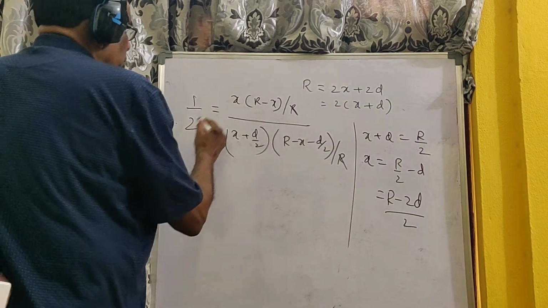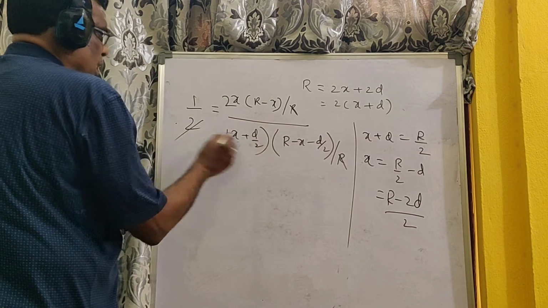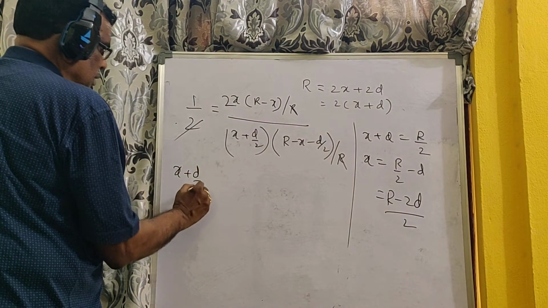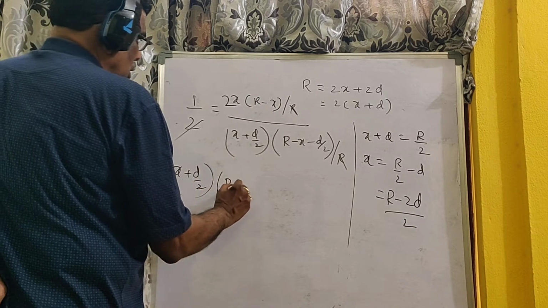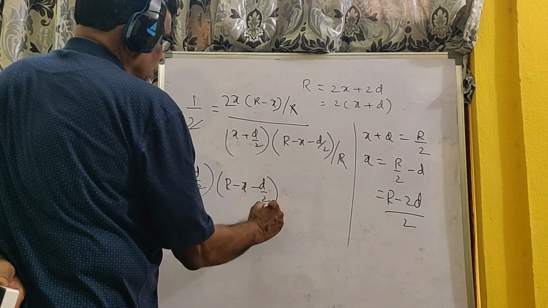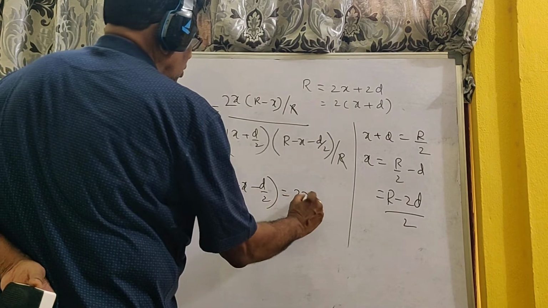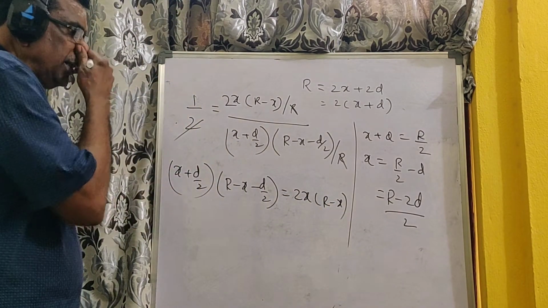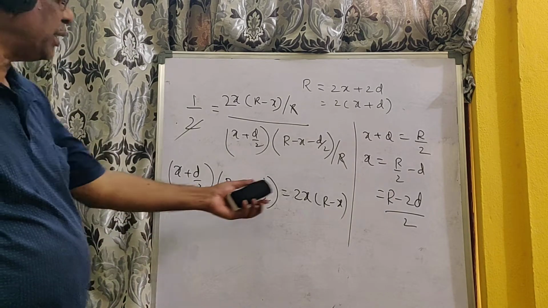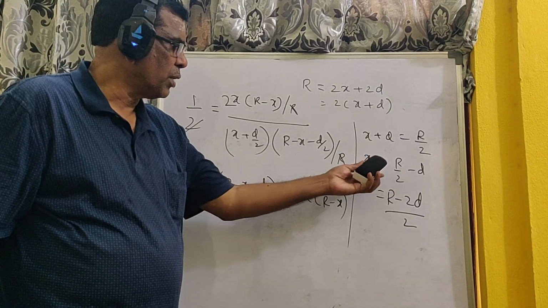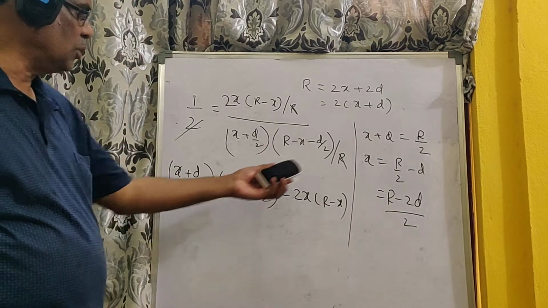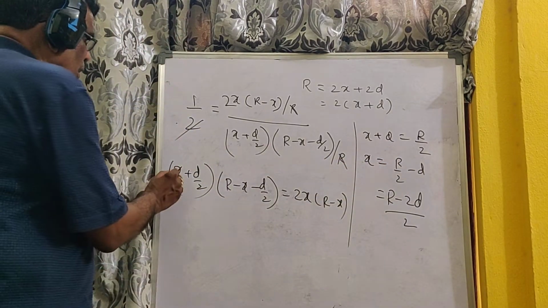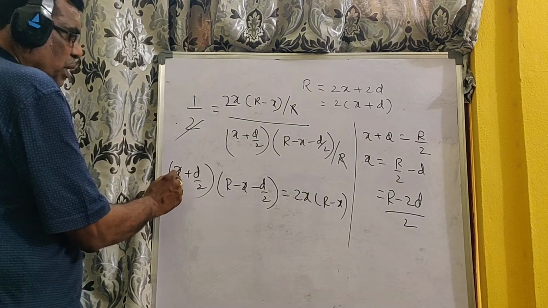So you cross multiply, take 2 onto this side and bring everything onto this side. x plus d by 2 into r minus x minus d by 2 is equal to 2x into r minus x. Now I would expect you to substitute, instead of x, r by 2 minus d. Here also r by 2 minus d.